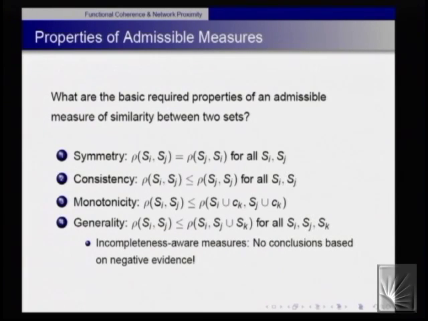But it might be the case that I just don't have enough information about this protein yet. So I shouldn't hurt their similarity. That is the general principle. So the idea is we shouldn't reach conclusions based on negative evidence, based on lack of evidence.